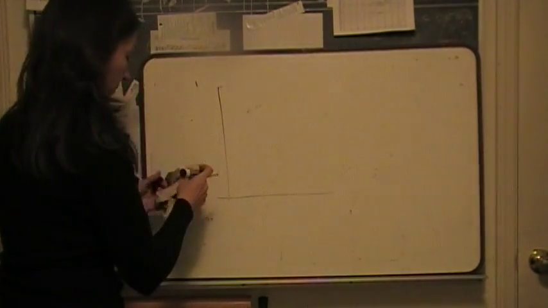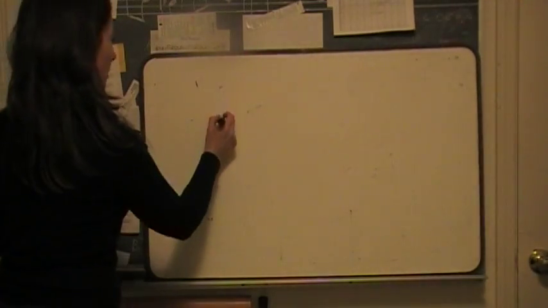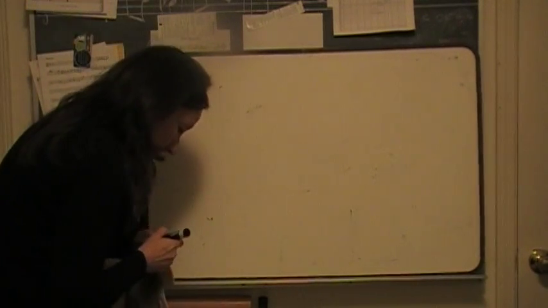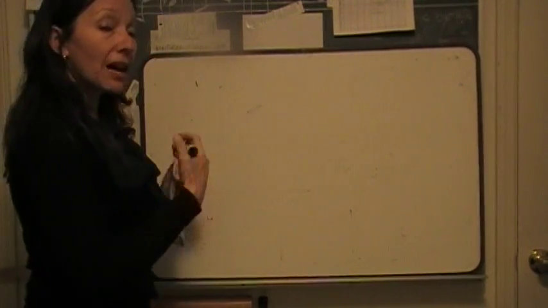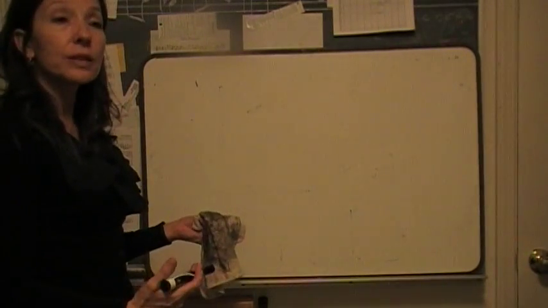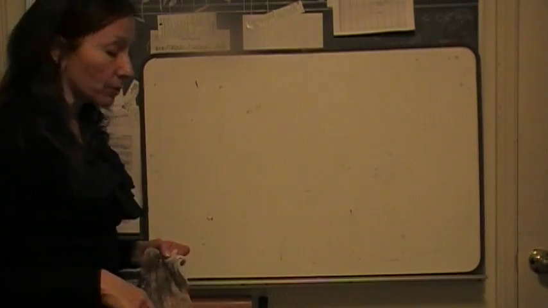Oops. Wait till I get this dried off here. All right, that died. So in any case, you're going to have an increase in the supply of ice cream. Equilibrium price goes down and equilibrium quantity goes up.